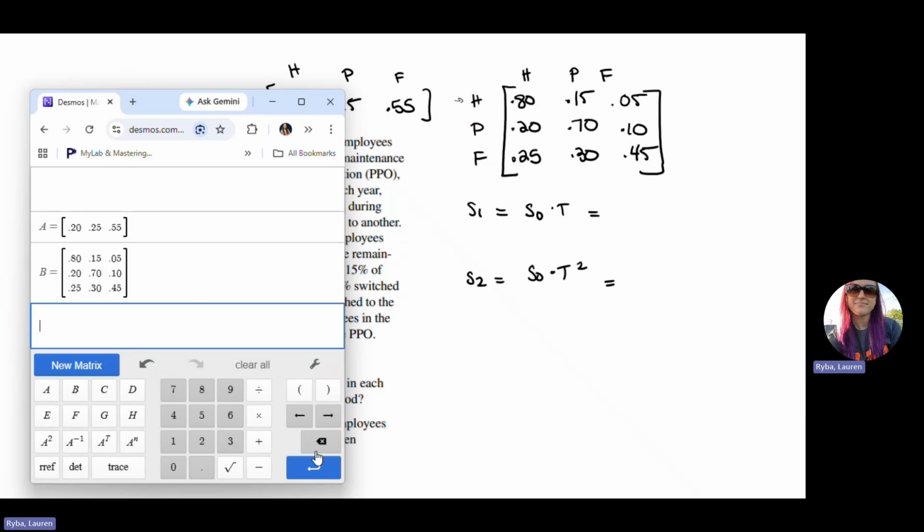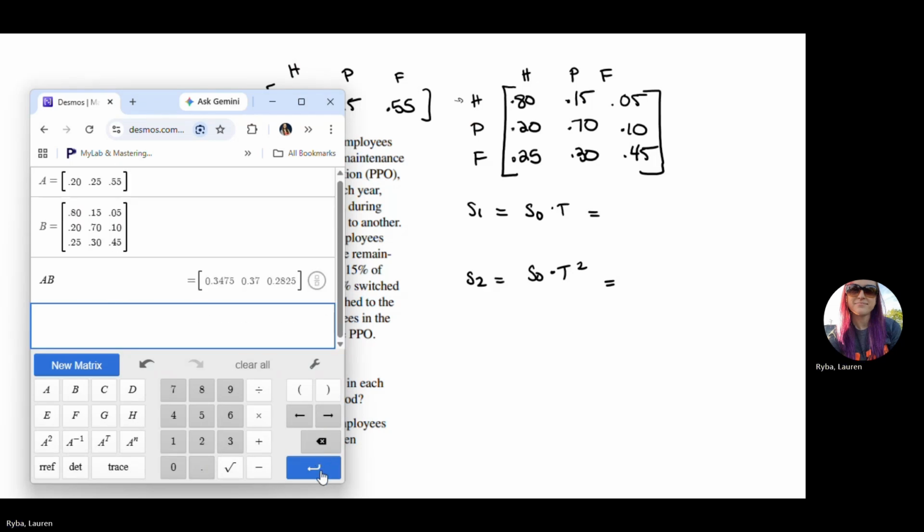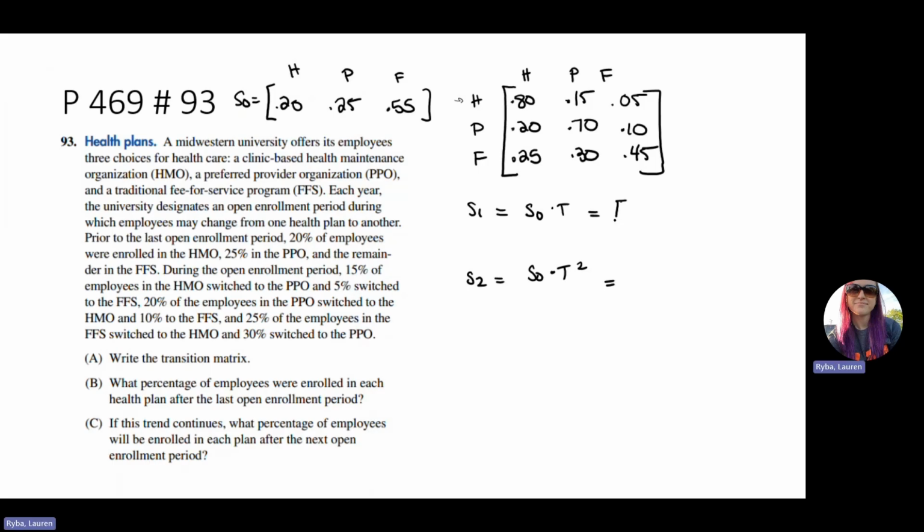All right, so cycle 1 is just going to be A times B. And then cycle 2 will be A times B squared. I will copy those over here: 0.3475, 0.37, and 0.2825. And then the second one was 0.4226, 0.3959, and 0.1815.